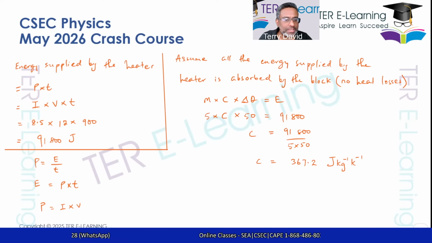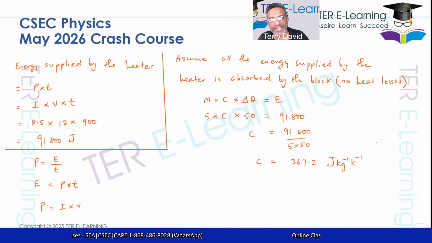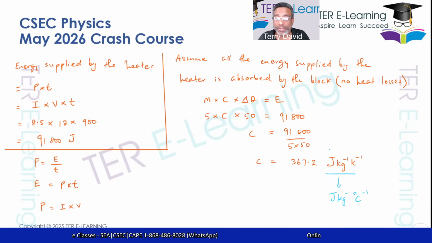Somebody is asking if we should have used joule per kilogram. Here's what's happening. With respect to the unit for specific heat capacity, this is actually the SI unit. But we also use joule per kilogram per degree Celsius. We use that as well. But the actual SI unit, when you think about it, what's the SI unit for temperature?